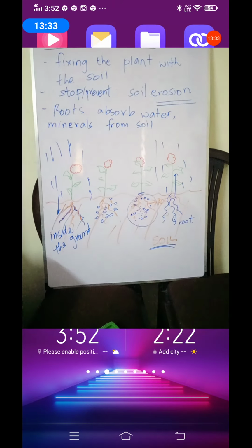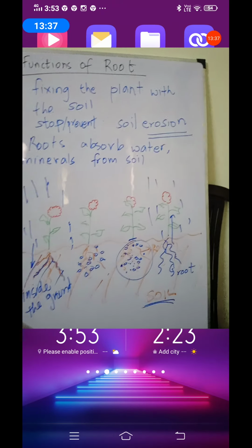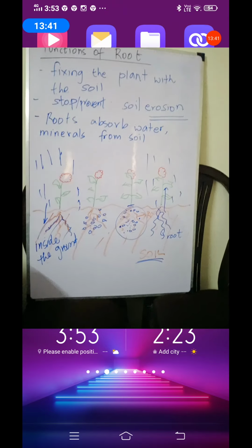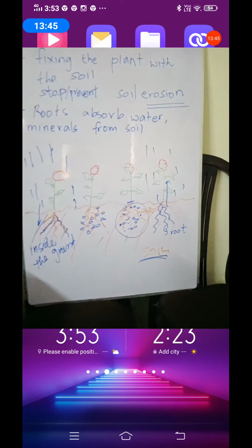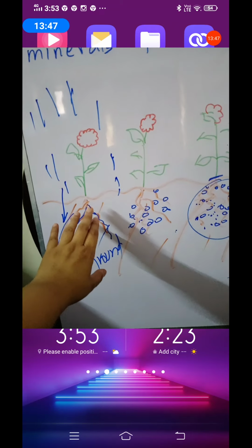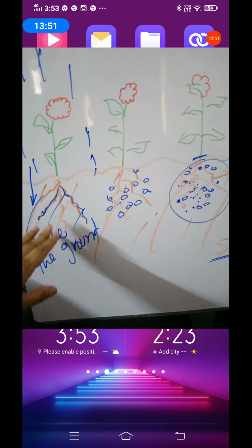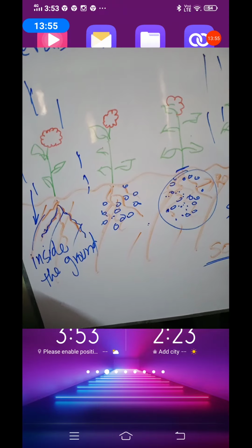Now, let's do a quick recap of this, okay? Functions of the roots. What are the functions of the root? Fixing the plant with the soil. Let me tell you, the stem is above the ground. It is only the root part that is below. Here you can see this.